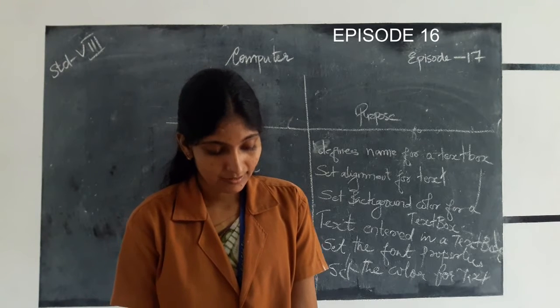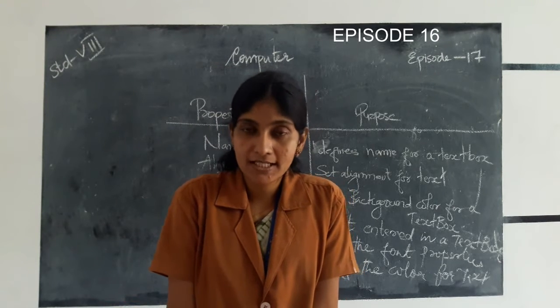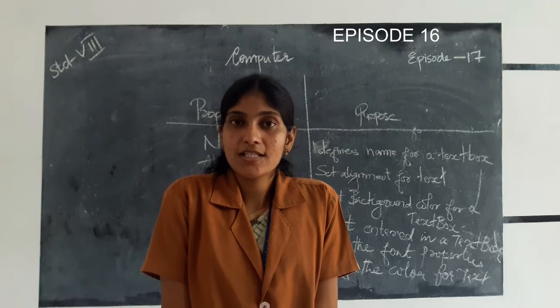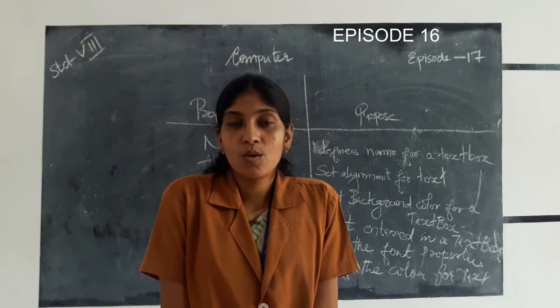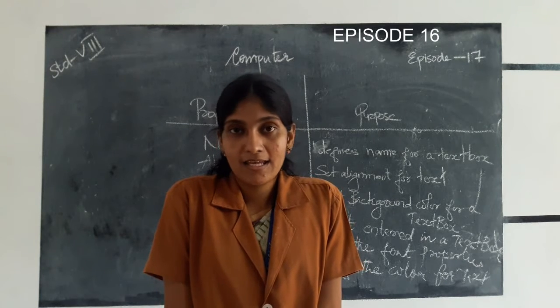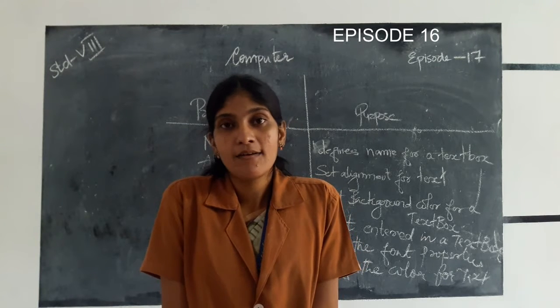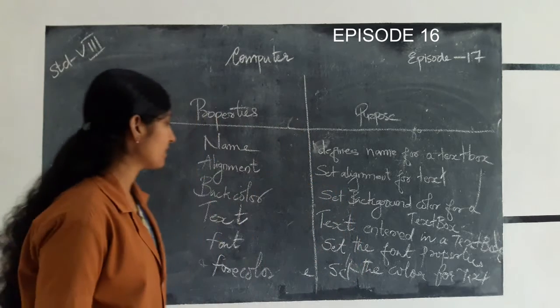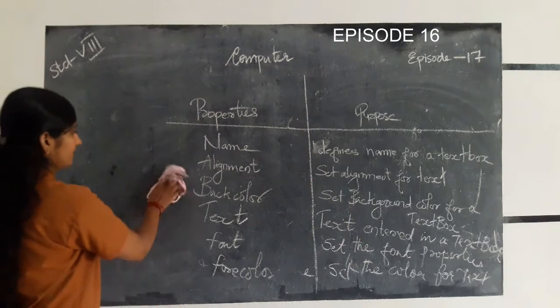If you want it to be visible, then visible is equal to true. Otherwise, visible is equal to false. So true means visible and false means invisible.